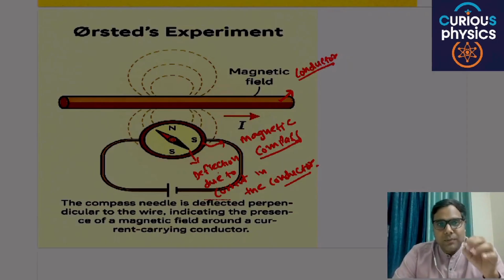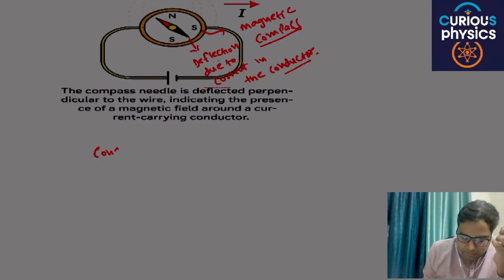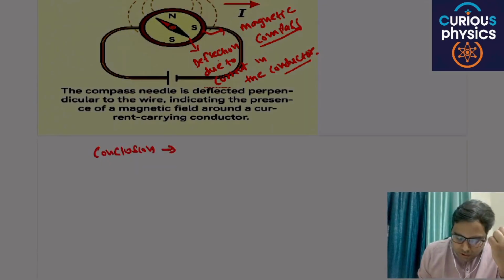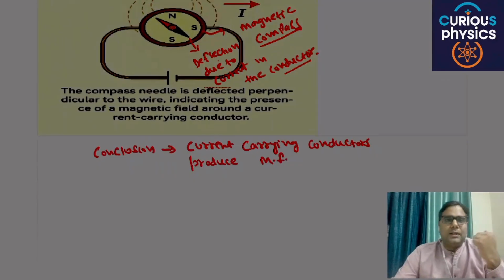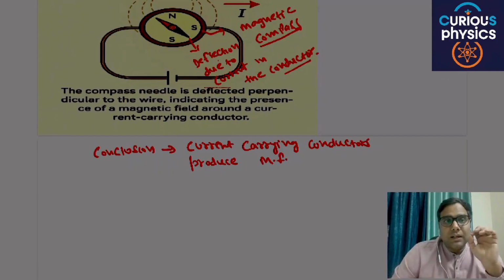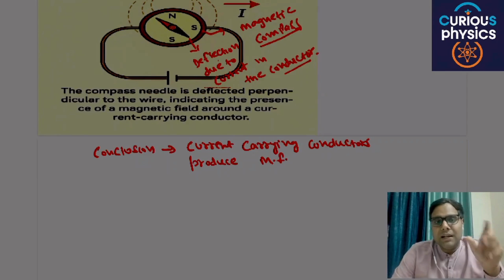So the conclusion of Oersted's experiment was that moving charges, or current carrying conductors, produce a magnetic field. When they switch off the current, the magnetic needle regains its initial position.